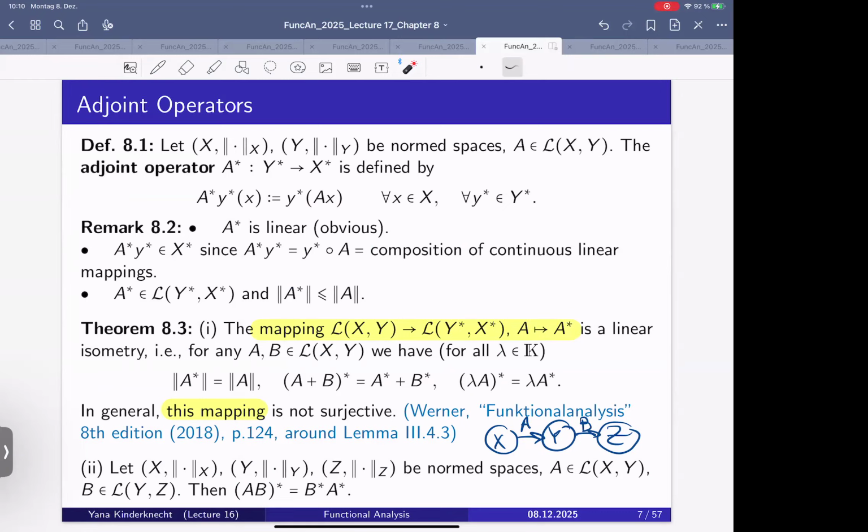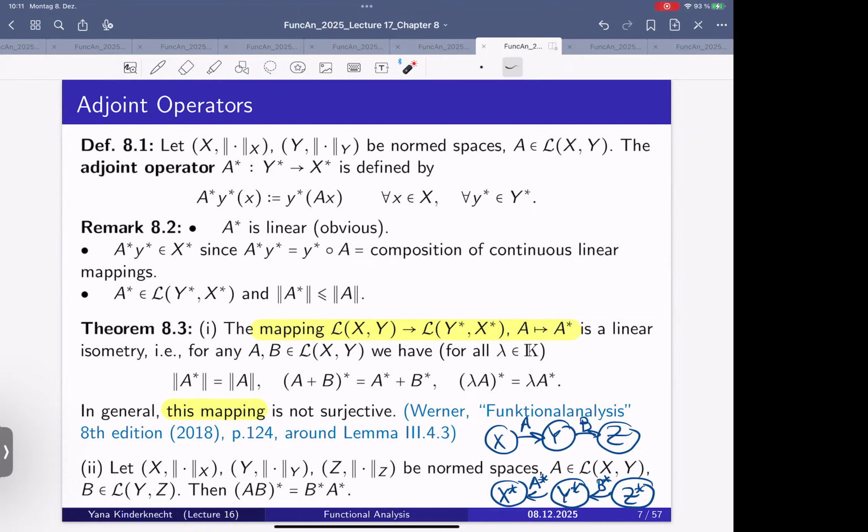It will be the mapping from X to Z. And then the adjoint of this composition is the composition of adjoints. But you have to be careful with the order because, again, here we have this picture on another level. So B acts here, B*, and A* acts here. So in order to make a composition from X to Z, you should take first B and then A, if I'm not wrong. Yes?